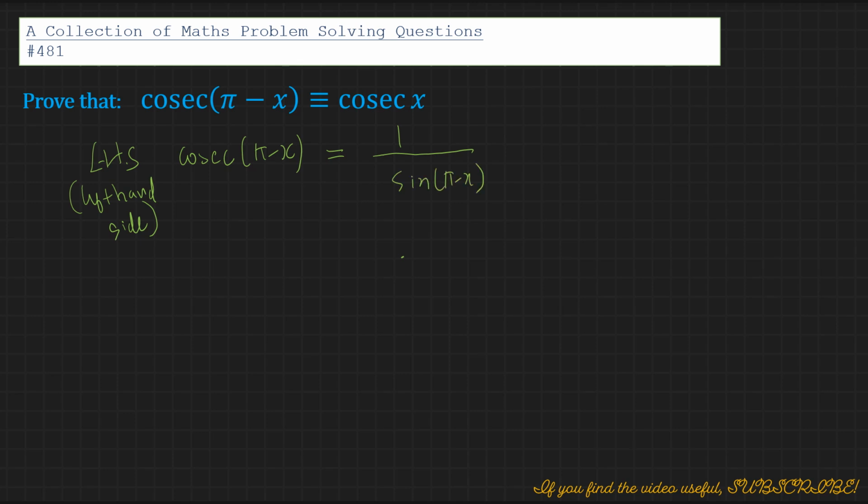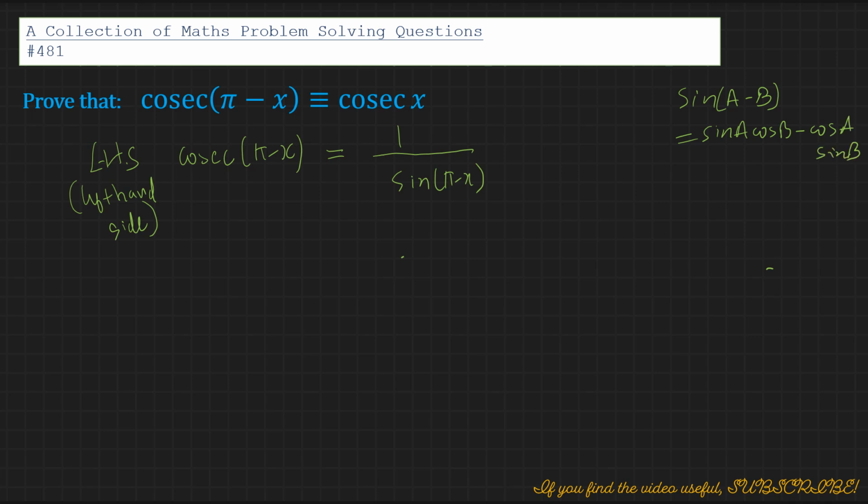Now when we write sine(pi minus x), we can expand it using the addition-subtraction formula. If you had sine(a minus b), that would equal sine a cos b minus cos a sine b.